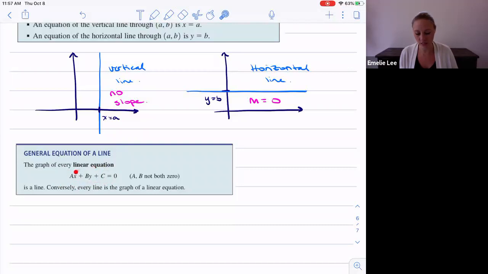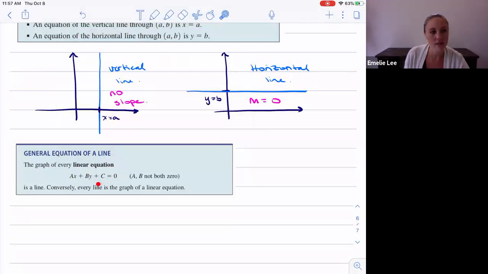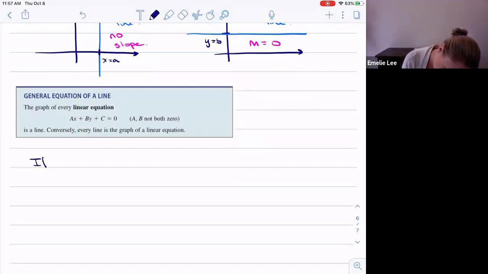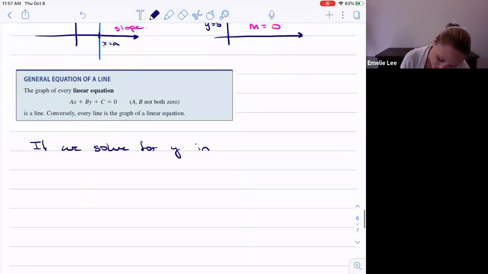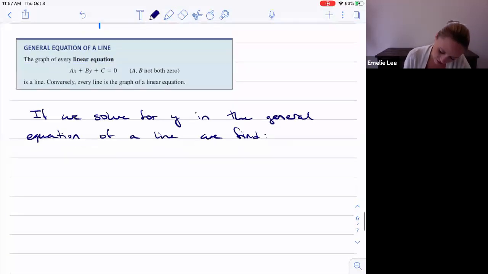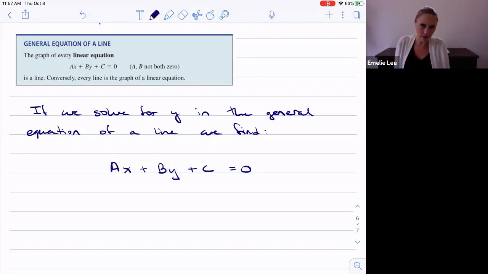But what you can notice is that we can solve for y in this equation, right? So if we solve for y in the general equation of a line, okay, so I've got ax plus by plus c equals 0. If I'm solving for y, I want to get y on its own.